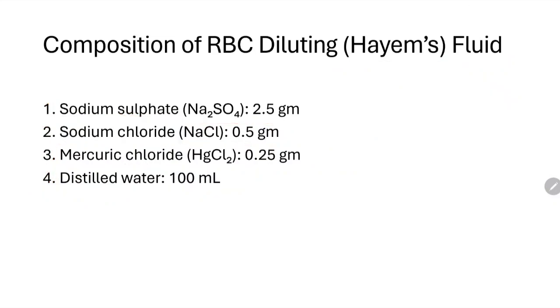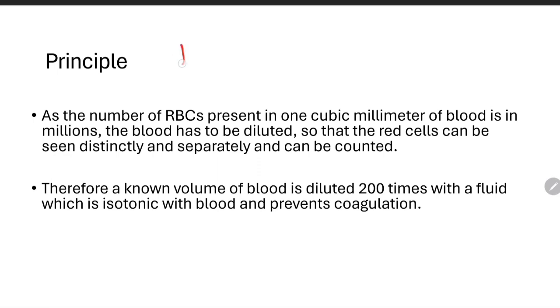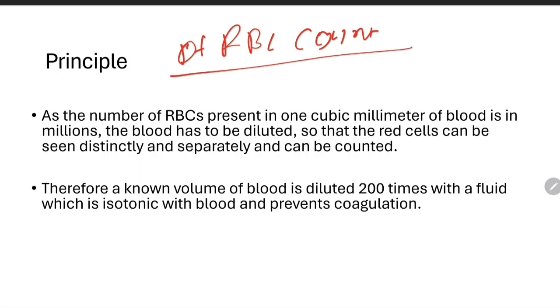Now we have Hayem's fluid also. Now let's discuss what is the basic principle of this study, the principle of RBC count. The principle is the number of RBC present in 1 cubic millimeter of blood, in millions.